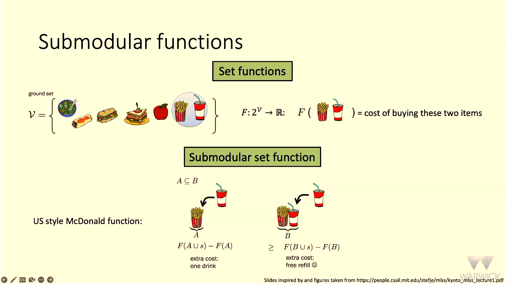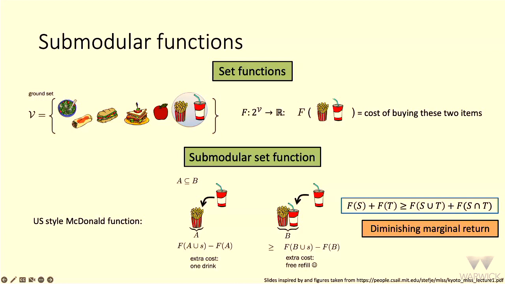So this is sort of the law of diminishing marginal return. And this is a very useful law, and it's prevalent in many different areas of society, to be very honest.